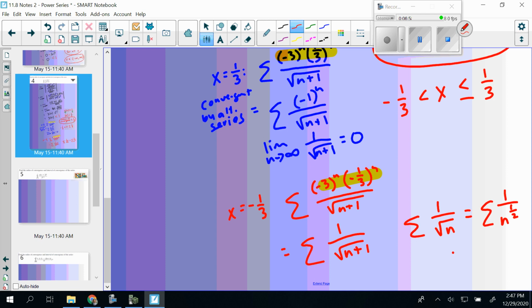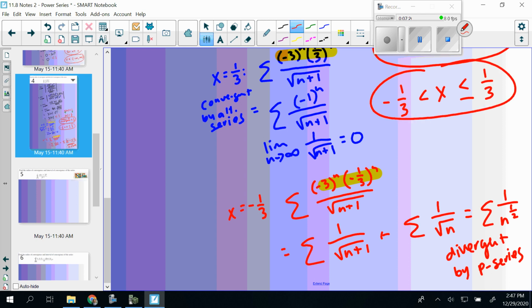That one is divergent by p series. So if that one's divergent, then our one over here that is comparable should also be divergent. So our interval then would be the one we got right here. This would be our interval of convergence.